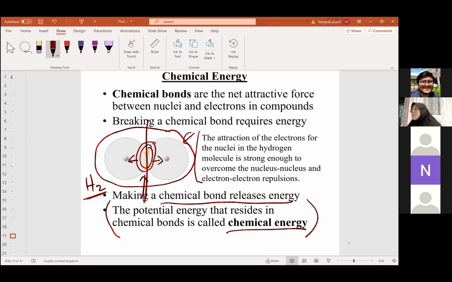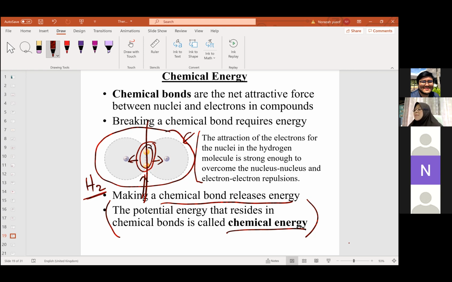So during a chemical reaction, certain chemical bonds are broken. For example, for the reactant, the chemical bonds will be broken, and the product will form new bonds. So there's a series of energy being absorbed and energy being released during the process.